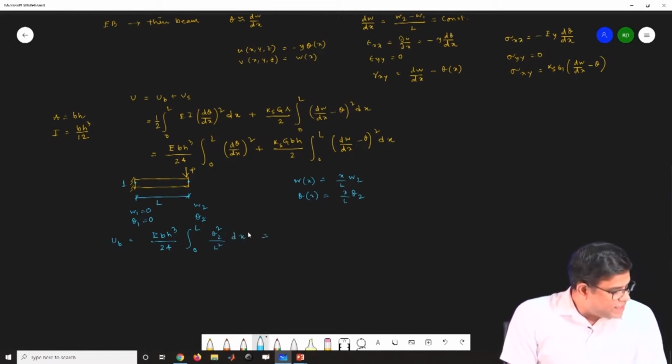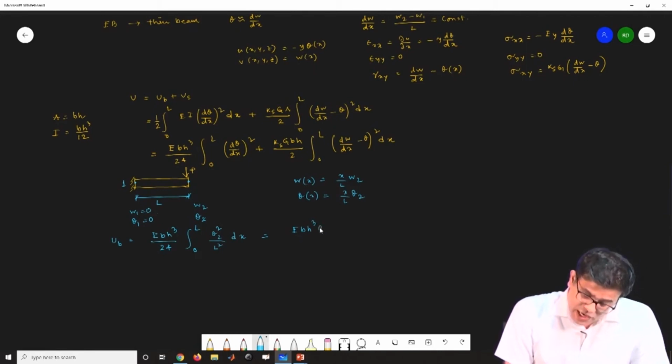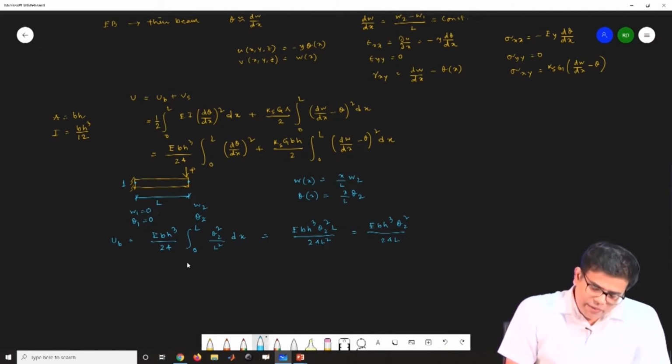If you integrate, you get E B H cube theta 2 square L by 24 L square, that is E B H cube theta 2 square by 24 L. So this is the bending strain energy.